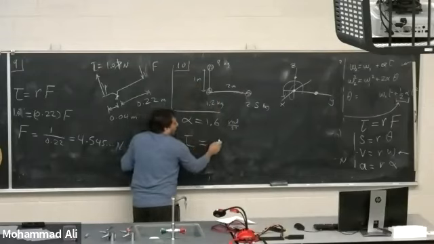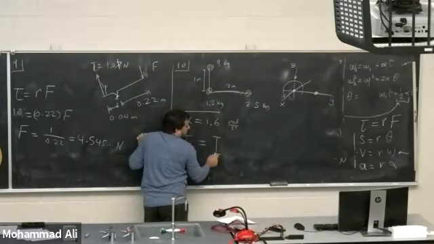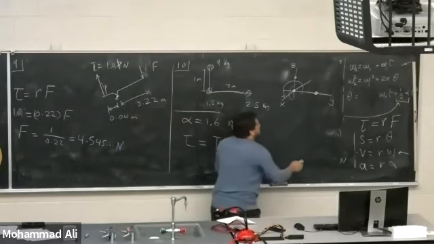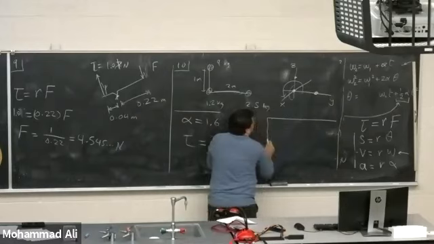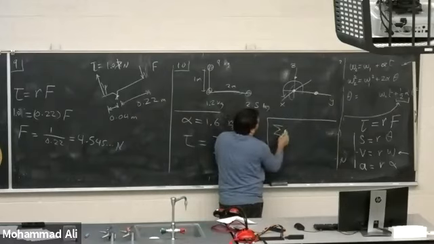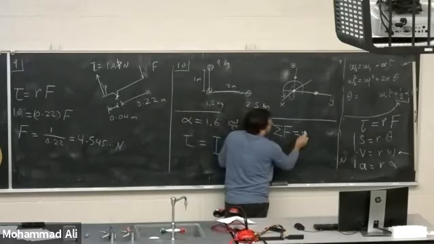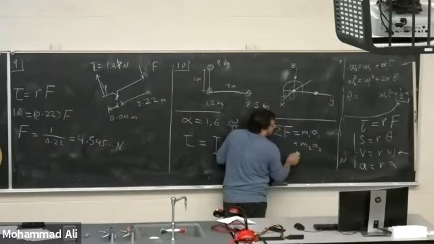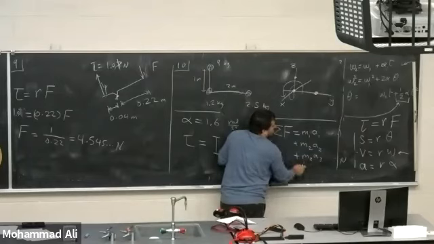is equal to I multiplied by alpha. Alpha is given. I, we have more than one I. Remember from previous studies, the total force is equal to mass 1 multiplied by its acceleration, a1, plus mass 2 multiplied by its acceleration, plus mass 3 multiplied by its acceleration, and so on.